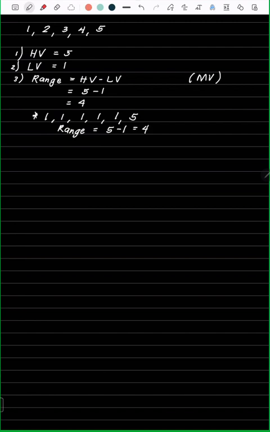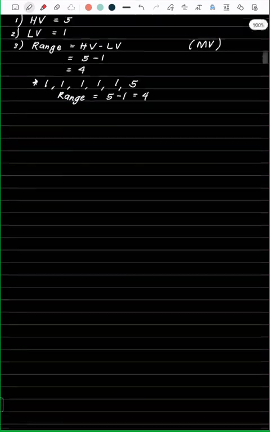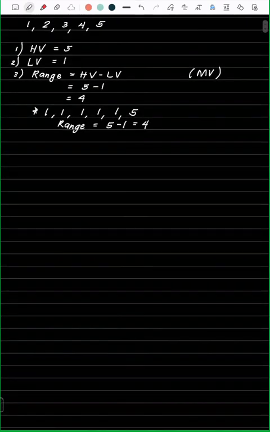Even in our data 1, 2, 3, 4, 5, they are dispersed, right? Because they are not the same; they are different from each other. But if you observe the data that I've written, one is repeated 5 times. Even if it was repeated 5 times, the range is still 4. So how would you say that it's dispersed? That's the reason why range is the weakest measure of variation. Later you're going to know which would be the strongest among the measures of variation.